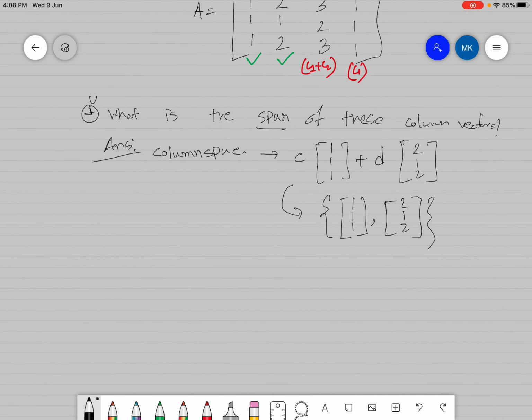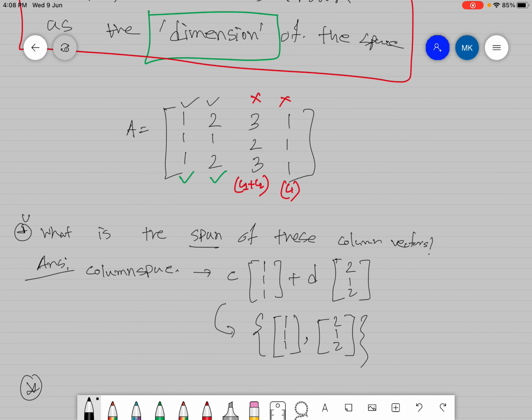So the second question is, are these columns independent? No, these columns are not independent, because the formal definition says the null space of A has a non-zero solution, since there are free columns here. So these columns are not independent.